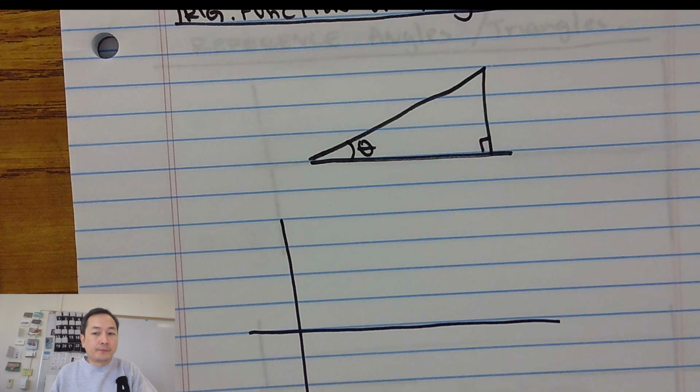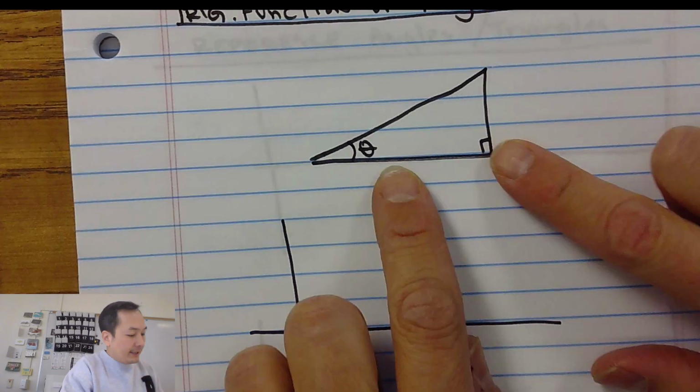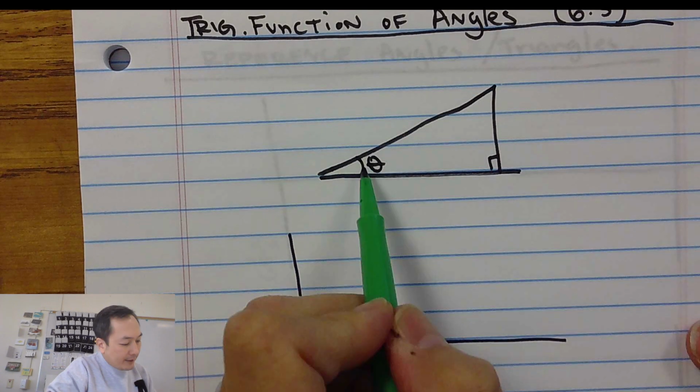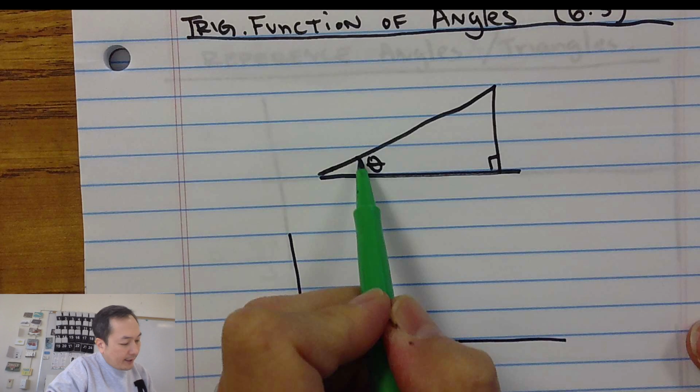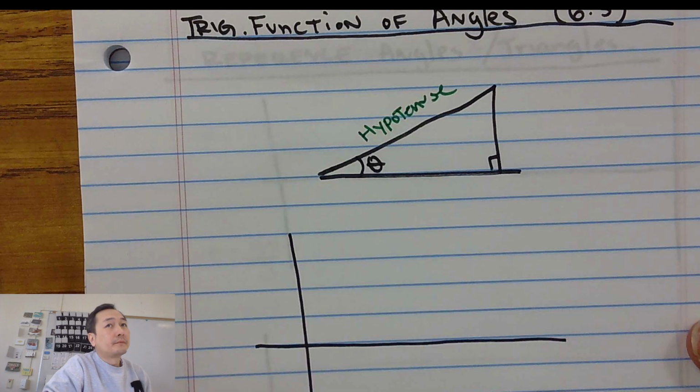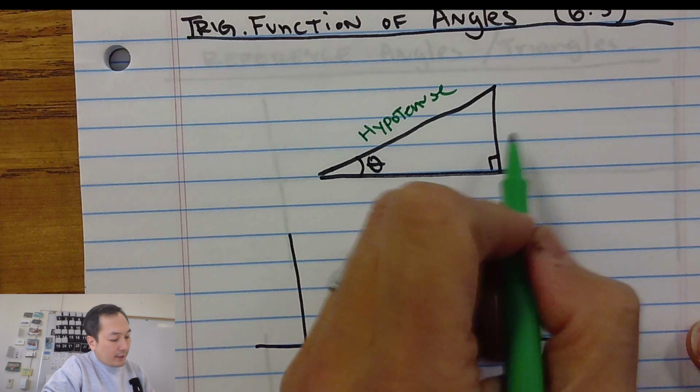Okay, so you guys see this triangle here, right? The triangle that we've been working on. This is my theta. If this is my theta, this will always be my hypotenuse, correct? This side here is my opposite side.